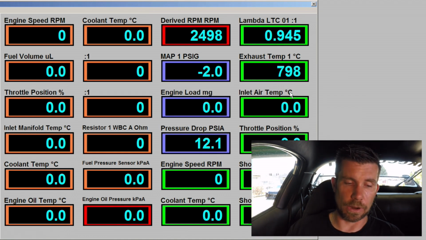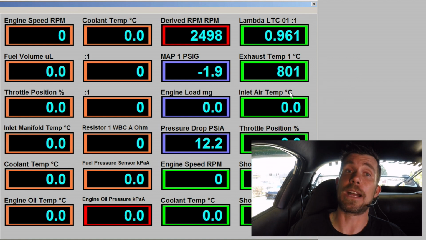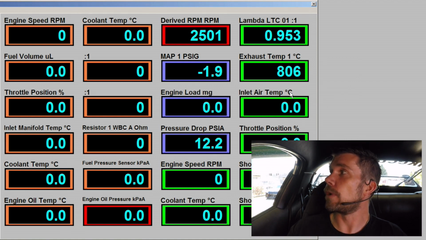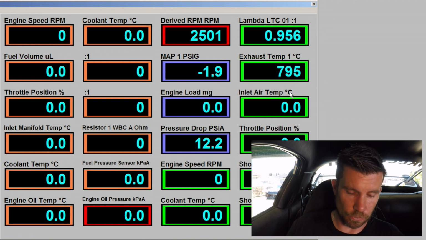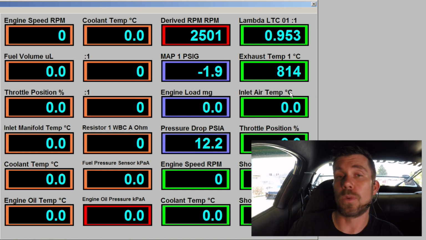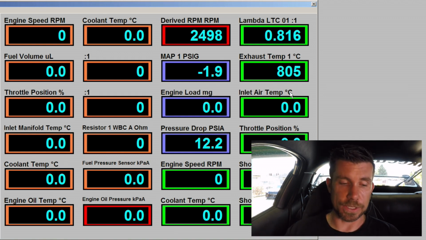So you can see now we're at a relatively steady state, and we've got an exhaust gas temperature reading of around about 800 degrees centigrade, and we're running at around about 0.95 lambda. So what I'm going to do is just richen the air-fuel ratio, and we'll see how that affects our exhaust gas temperature.